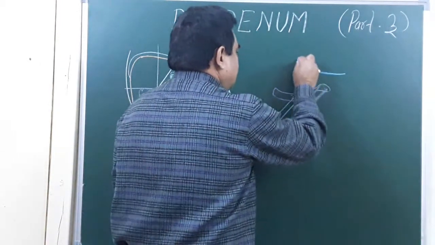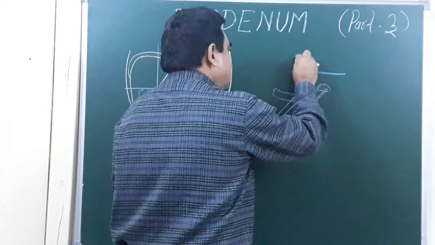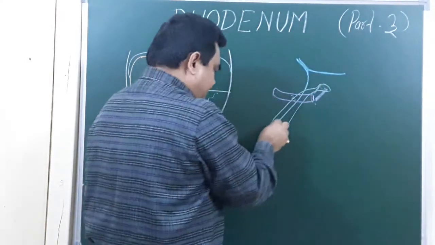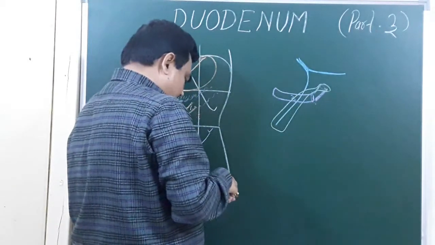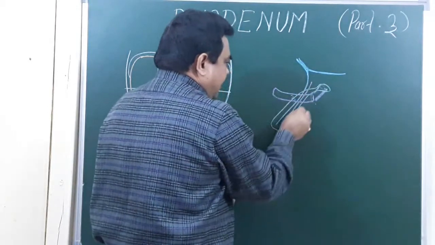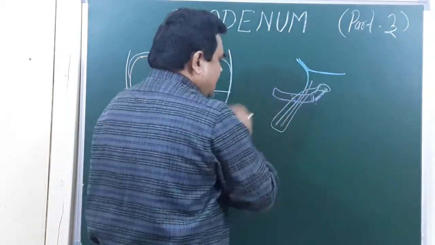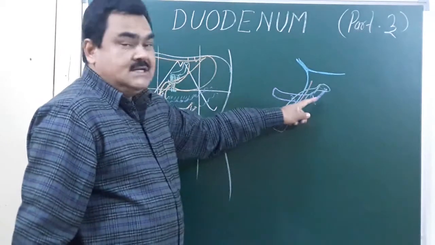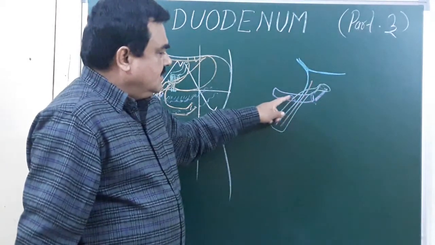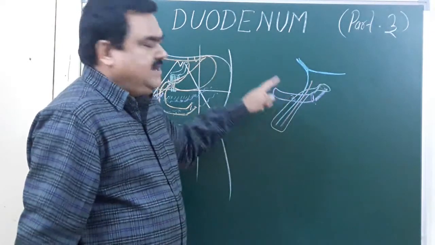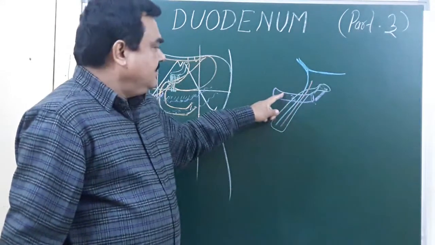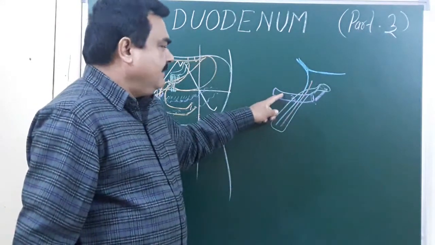This is the splenic vein. It joins with the superior mesenteric vein and forms the portal vein here. It also contains the superior mesenteric artery. These structures cross the third part from the anterior side, or these structures form the anterior relation of this third part.